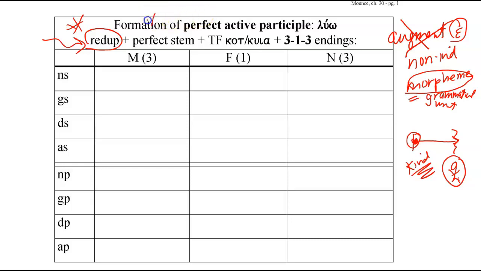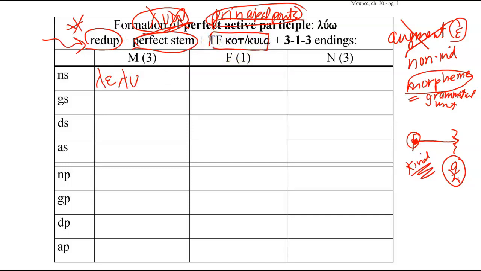And again, we're going to use luo as a paradigmatic verb. So the stem is lu from luo. And so we duplicate. We have the stem, lu. And the tense formative for the perfect active participle is -kot for the masculine and neuter forms, and it's -kui for the feminine forms.